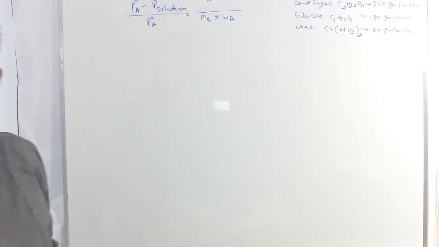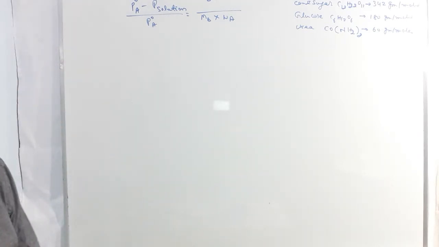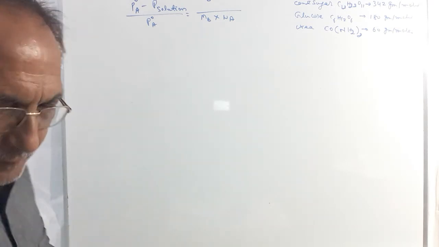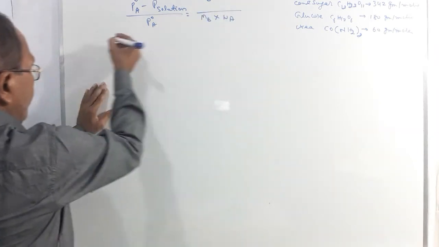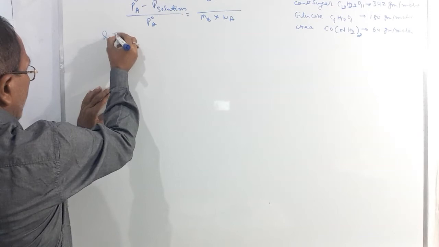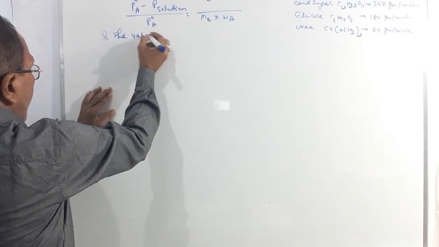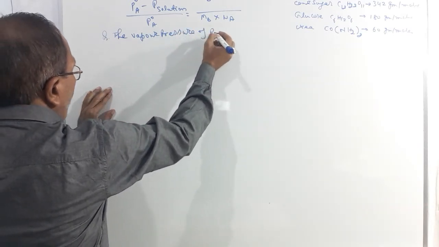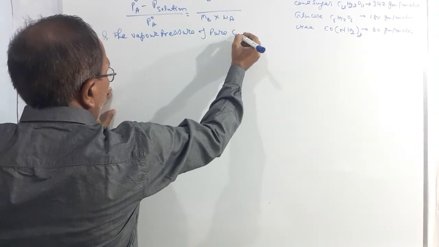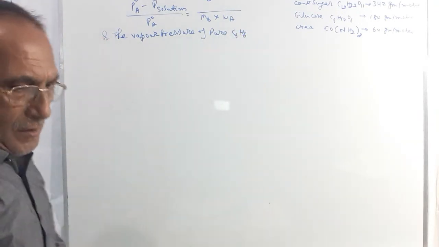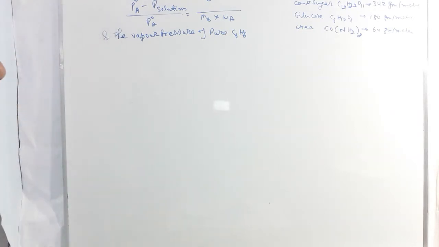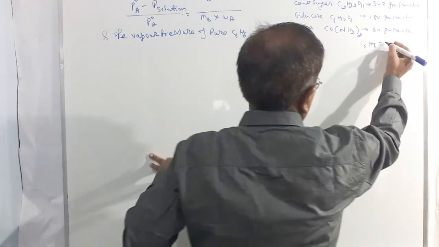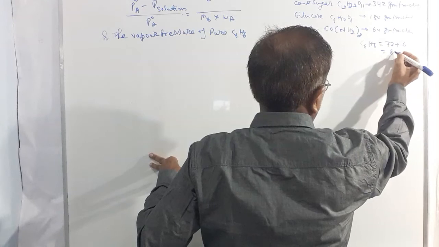The question is: the vapor pressure of pure benzene, बेंजीन क्या होगा? C6H6, 72 plus 6, 78.